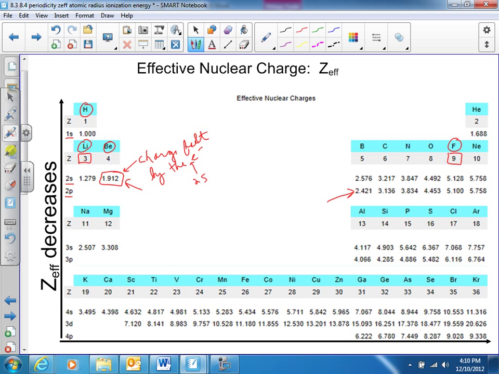This right here, notice that's in the row of a 2p, that's the charge felt by boron's 2p electrons. So in each row we have specific types of electrons, and the numbers in here are the charges felt by that type of electron.